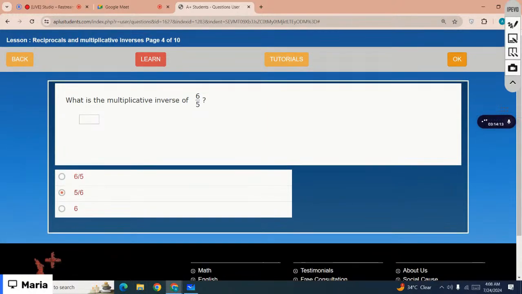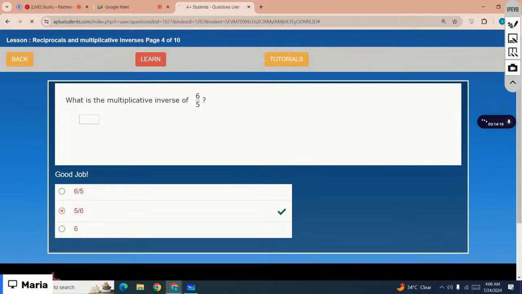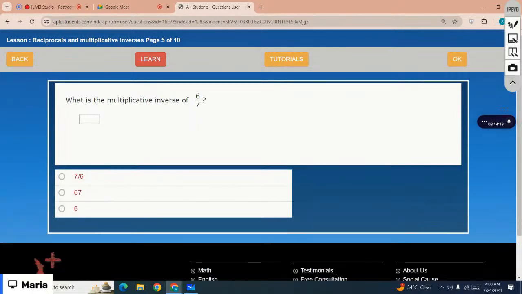Option number 2 is the correct option. What is the multiplicative inverse of 6 over 7, which is the correct option?